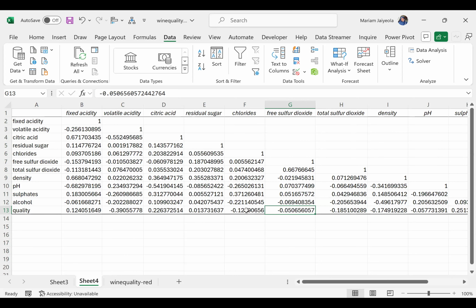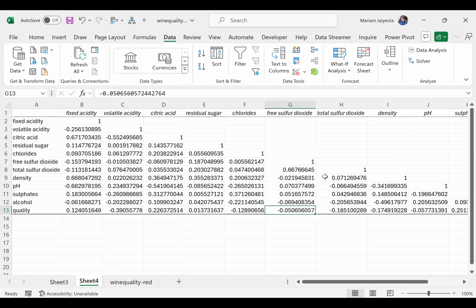So for all the ones that have negative here, as the value of that measure is increasing, the quality is reducing. But the ones with positive are saying that as the value of that measure is increasing, the quality of that wine is also increasing. So that is basically how to interpret correlation. We can look at the ones with strong correlation.